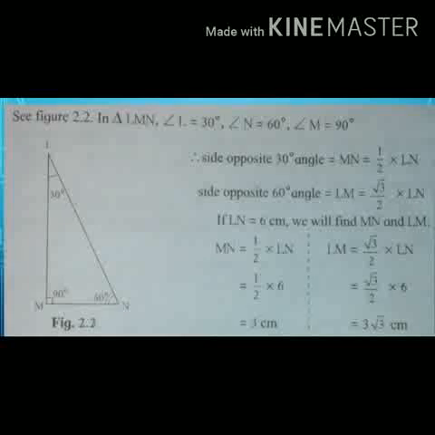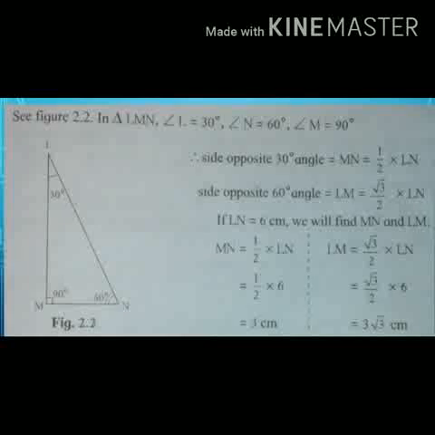In this right angle triangle, side LN is the hypotenuse and the side LM and side MN form a right angle. The side opposite to 30-degree angle is MN and the side opposite to 60-degree angle is LM.